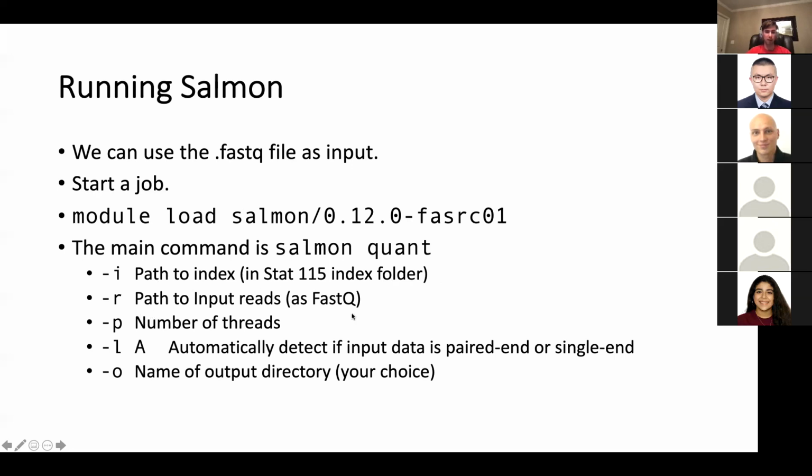Next, you give it the path to the input reads, which are the FASTQ files, and the number of threads. It will automatically detect if it's paired end or single end. I think these are single end for this problem. And then -o, which creates an output directory. You can name that whatever you want.